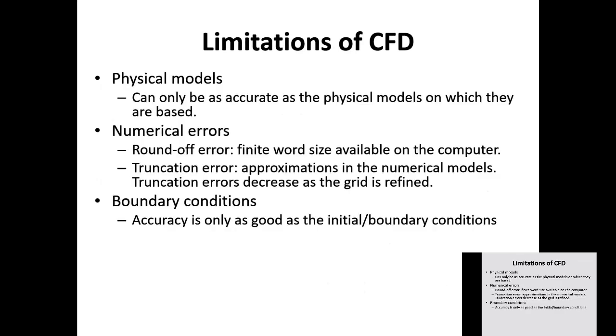So then we will look at the limitations. We looked at how hunky-dory CFD was, but now we will look at the downfalls of it. To do a proper model, you need to have proper physical models. Meaning, if I move my hand, or if you have a flow, you must be able to mathematically describe this flow.